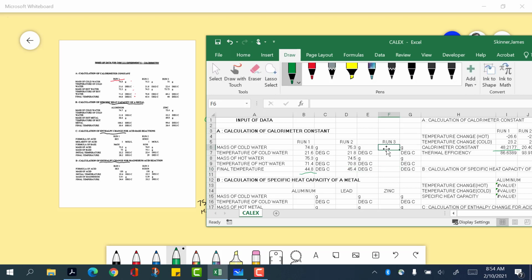And they also had some information on run number 3, where they start with 75 grams of the cold water. The initial temperature of the cold water was 22.4, and it was 75.73 was the mass of the hot water.